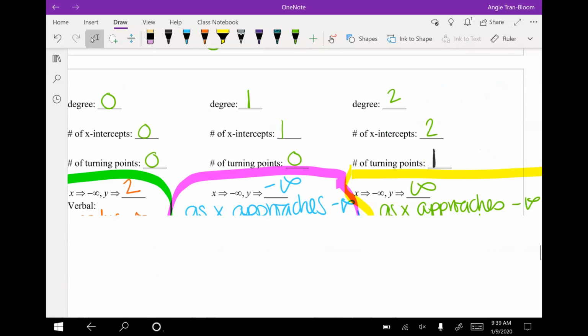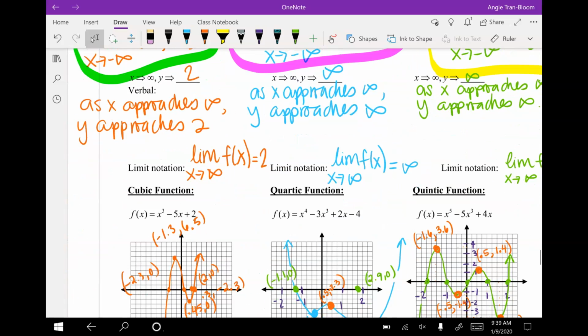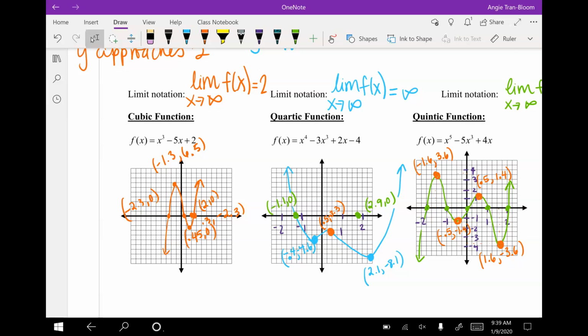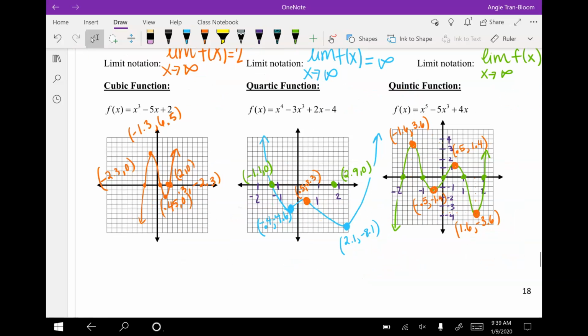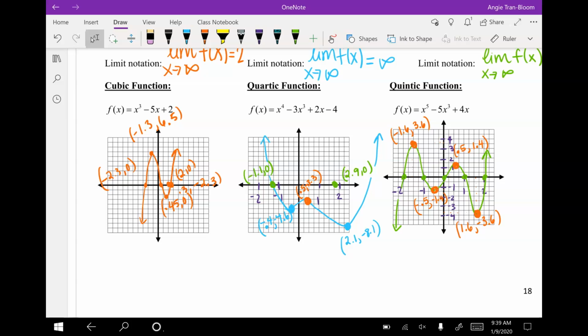Okay. Move on to the last 3 here. The next one is the cubic. How many degrees is the cubic function? What's the highest exponent?